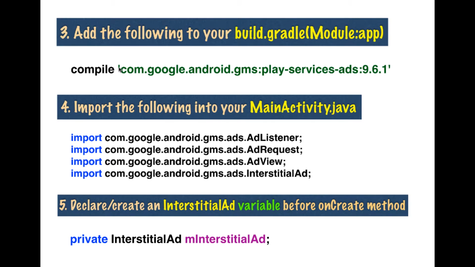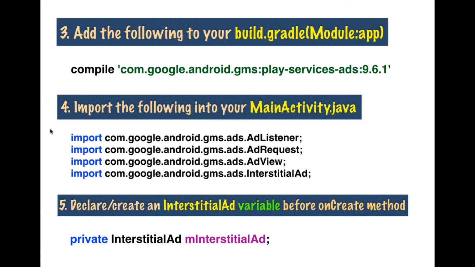The compile, so you have this com.google.android.gms:play-services-ads:9.6.1. Actually, this 9.6.1 could vary depending on the version that would work with your Android Studio installation. So you can look this up at the Android documentation.